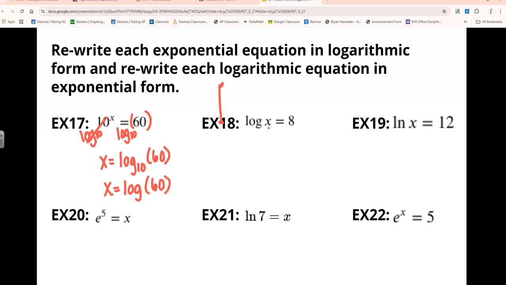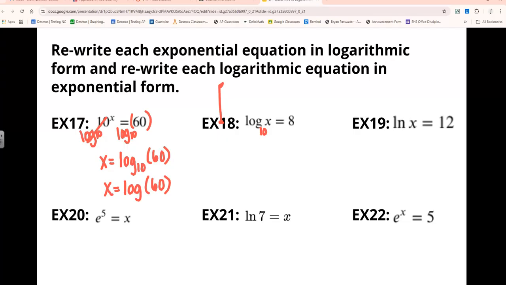Whenever we see 18, I've got a log, but I don't see a base at all. What is the base if I don't see a base? It's 10. So this right here is a 10. Okay? Heston, how do I get rid of that 10 to rewrite this as an exponential? I'm not going to log it because it's already a log.